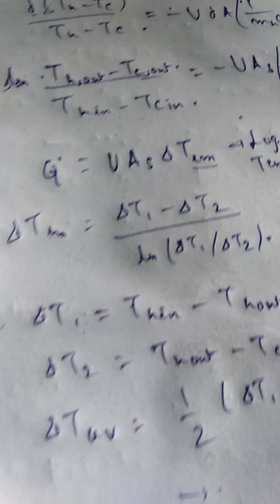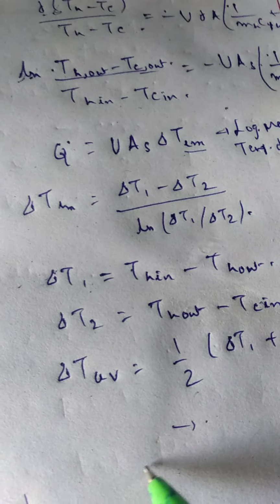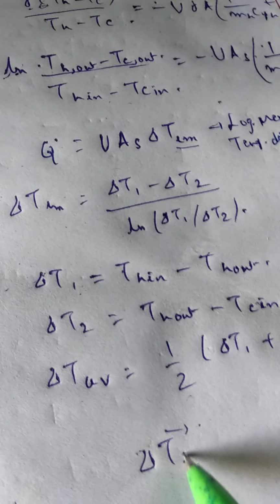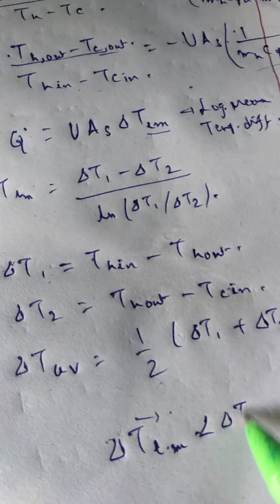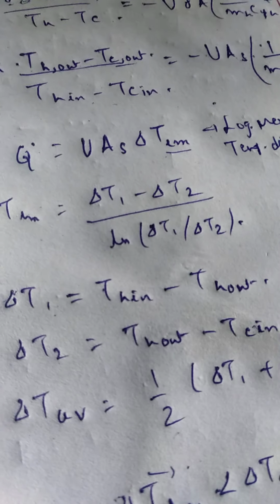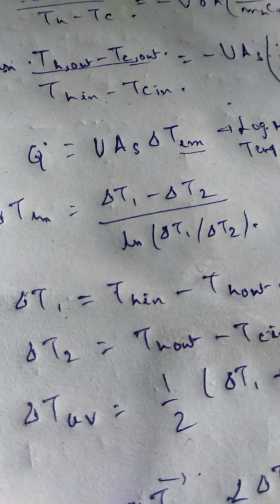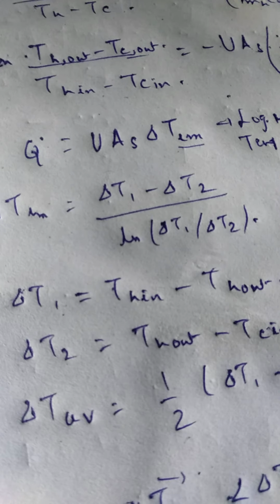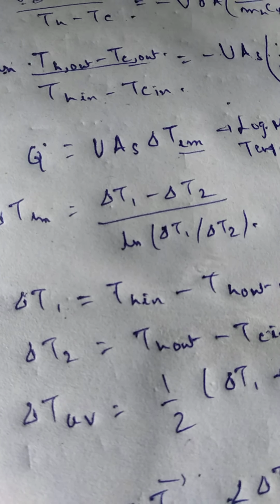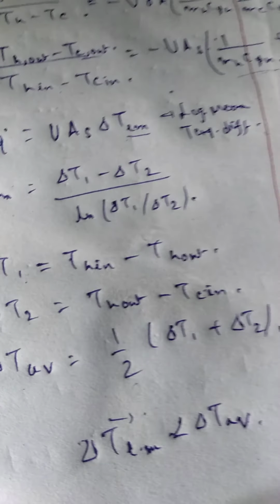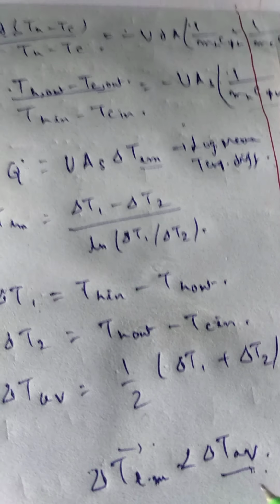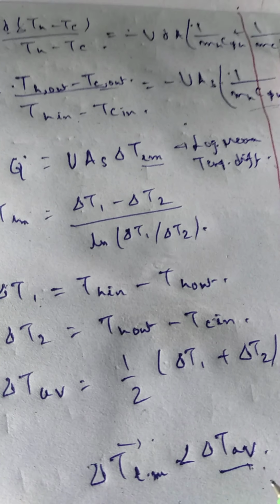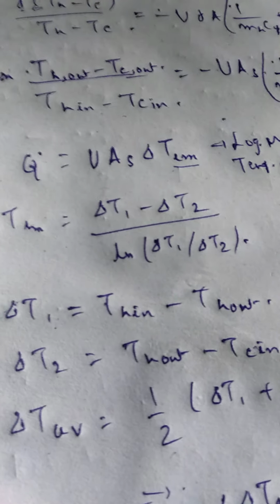Another thing to be noted here is that this logarithmic mean temperature difference will always be less than the arithmetic average temperature difference. So using the average value of the temperature difference will overestimate the rate of heat transfer in a heat exchanger.